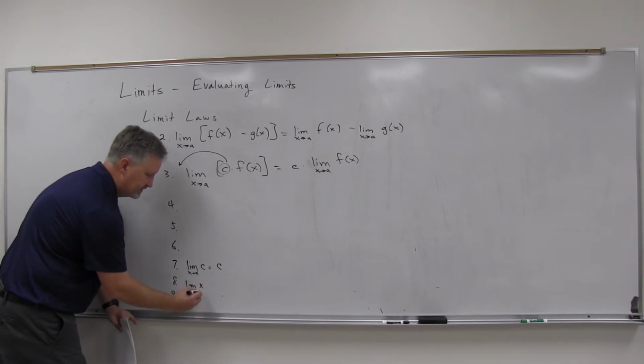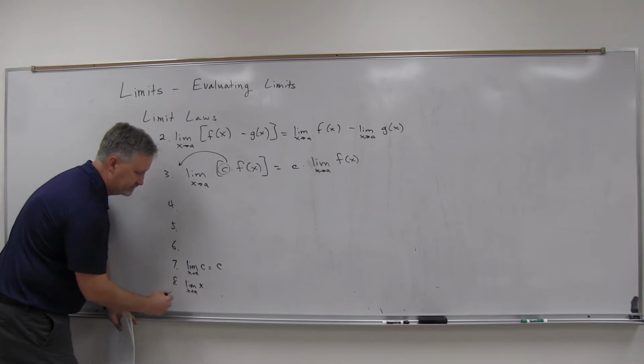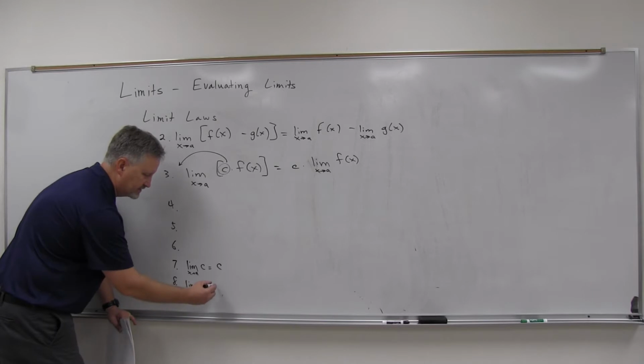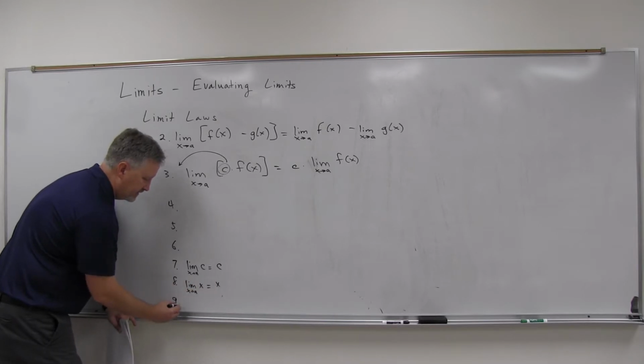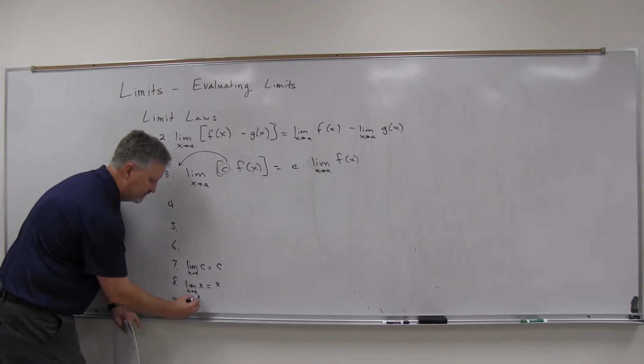Number 8 is the limit as x approaches a of x. Well, that's just a. And then number 9, the limit as x approaches a of x to the nth, that's going to be a to the n.